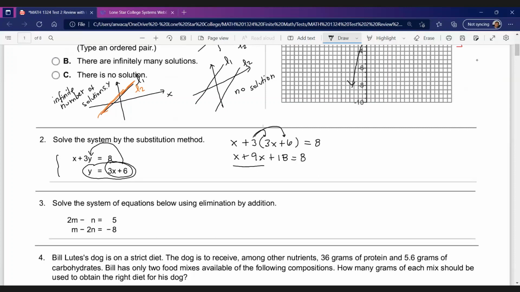Combine like terms, here we get 10x plus 18 is equal to 8. We need to isolate the variable x, so minus 18 on both sides. We get 10x is equal to negative 10. In this case, we have to divide by 10. x is therefore equal to negative 1.